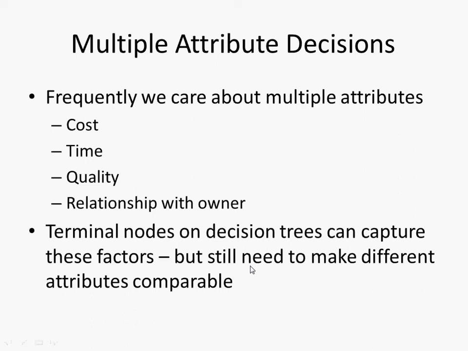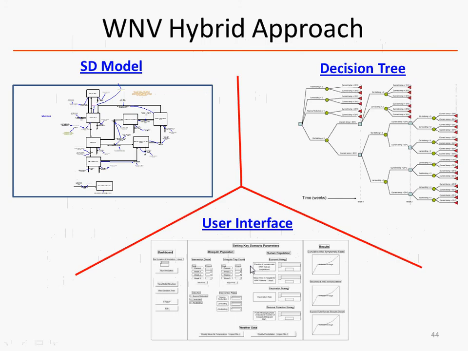It's actually quite powerful, and lends itself to integration. So here, ladies and gentlemen, we have a situation where we can marry the best features of decision analysis on the one hand with the best features of simulation modeling.